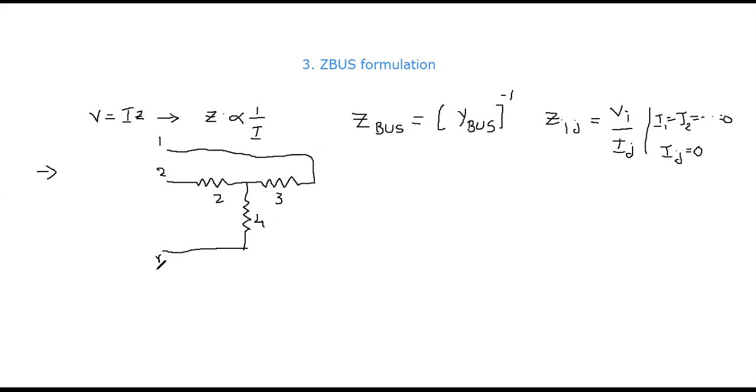This is the reference node, and these are node 1 and node 2. The voltage that we measure from the second node to the reference node is V2, and similarly V1.